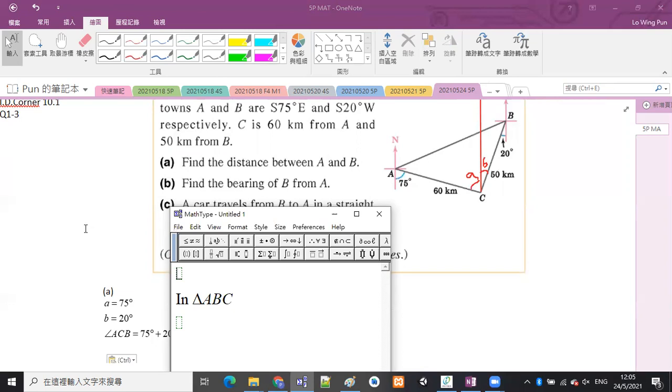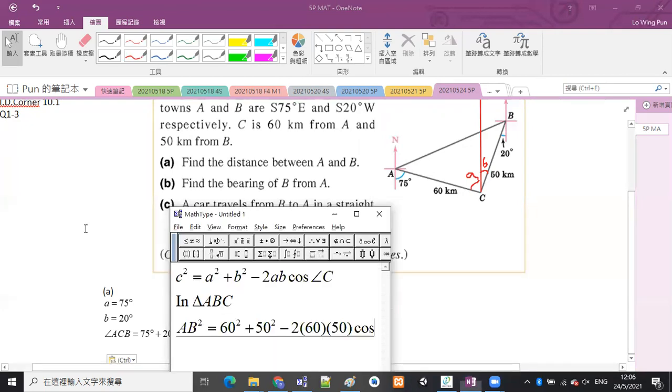Yes. c square is equal to a square plus b square minus 2ab cosine angle C. This is the cosine formula. And we are going to use the cosine formula to find length AB. So AB square is equal to 60 square plus 50 square minus 2 times 60 times 50 times cosine 95 degrees.